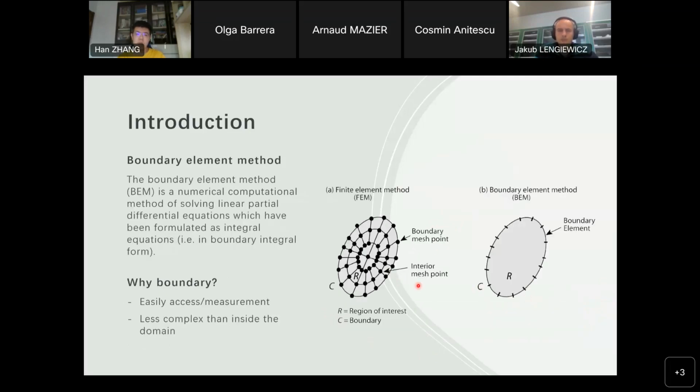To solve boundary value problems in current industrial engineering, the most frequently used method is the finite element method. But our research focuses more on the boundary element method.